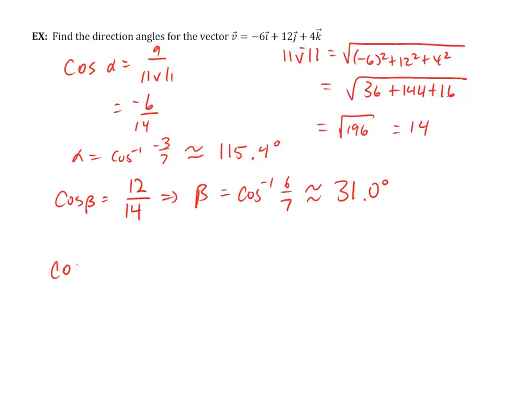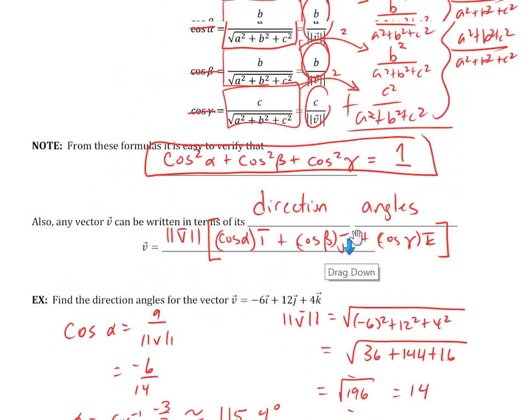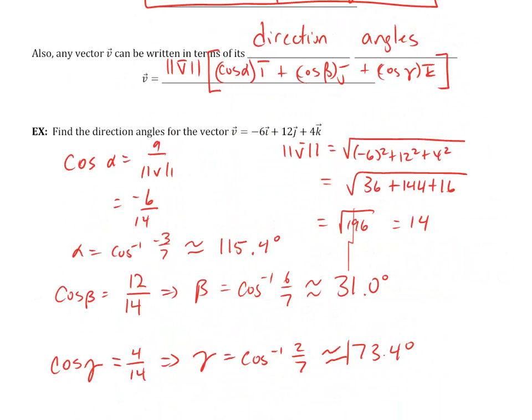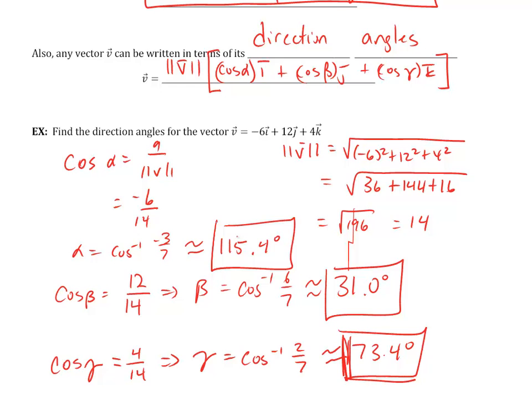And cosine of gamma would be c, or 4 over 14, which means gamma is the cosine inverse of 2/7, or approximately 73.4. So that's 73.4, 31.0, and 115.4 degrees. Those are my direction angles.